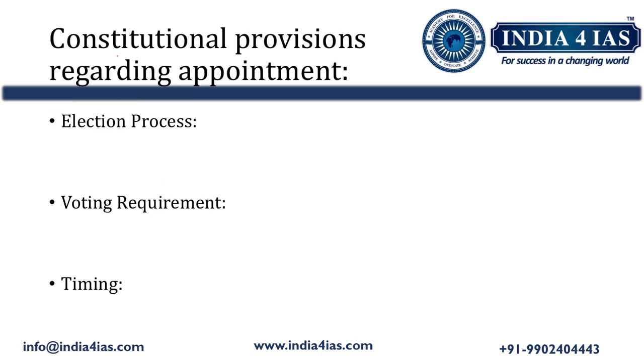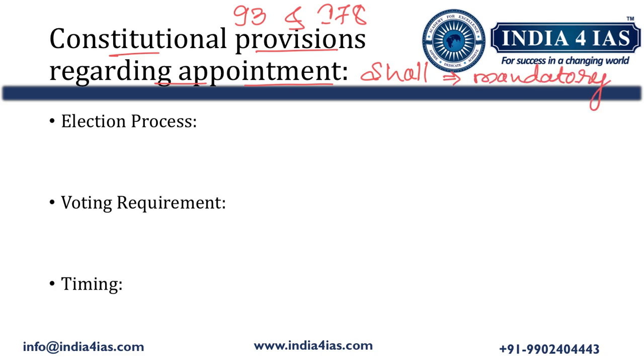Now we will look into the constitutional provisions regarding the appointment of both Speaker and Deputy Speaker. The Constitution says that the appointment of both Speaker and Deputy Speaker is mandatory for the effective functioning of the Lok Sabha and the state legislative assemblies. Article 93 for the Lok Sabha and Article 178 for state assemblies, as we have already discussed, use the word shall.